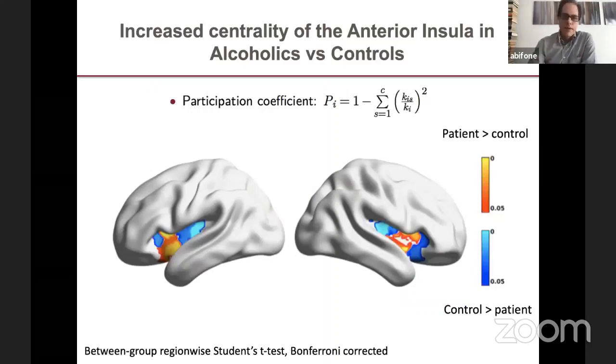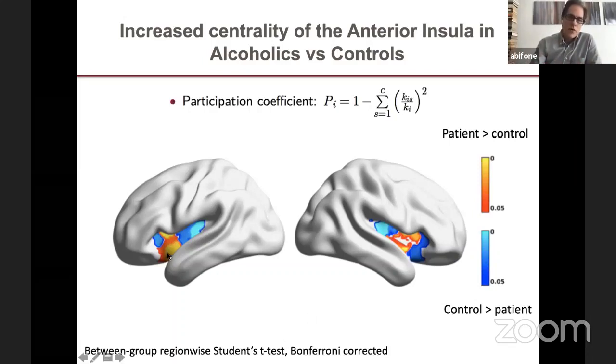Now, it so happens that if we look at this particular parameter, participation coefficient, that's actually pretty much unaffected throughout the brain, with the exception of the insula. Here I'm comparing the centrality of the insula and of every node in the network in the two groups, patients and controls.